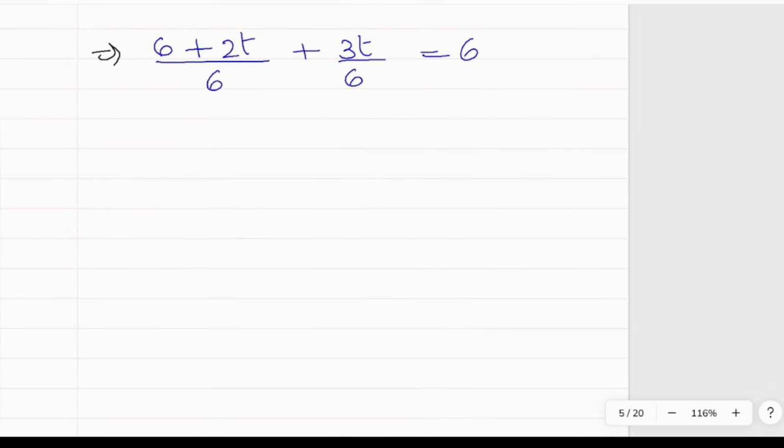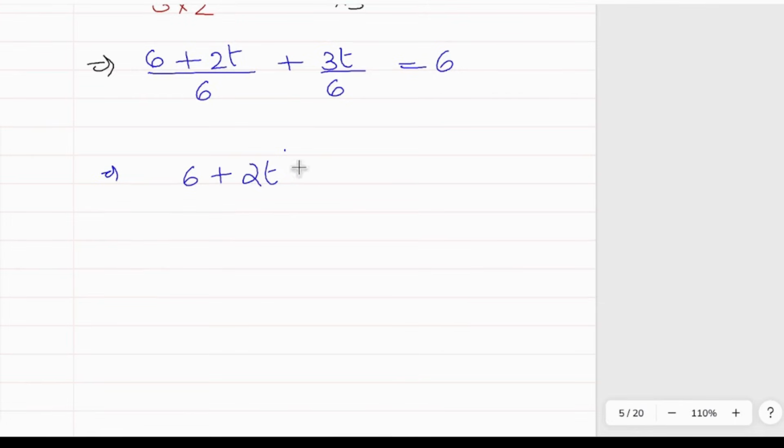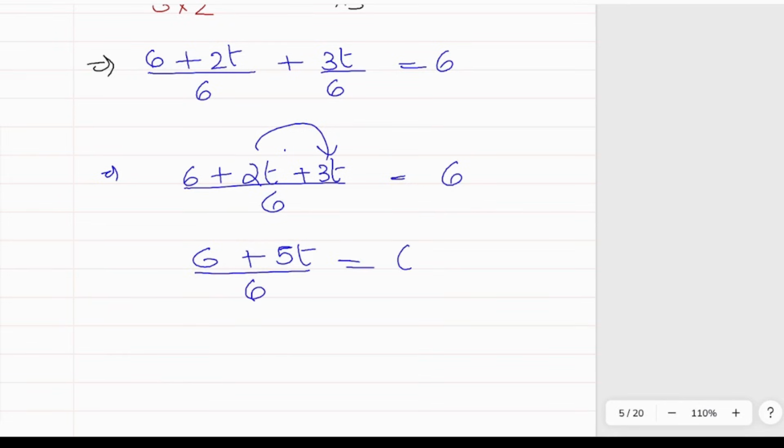Now, what I will do? I will write that 6 plus 2t plus 3t the whole divided by 6 equal to 6, right? This 2t plus 3t, what will happen? 2t plus 3t will give me the value equal to 5t, right? 5t divided by 6 equal to 6.